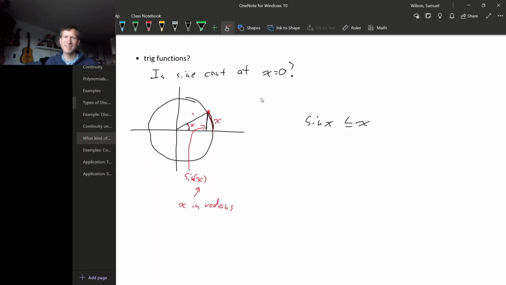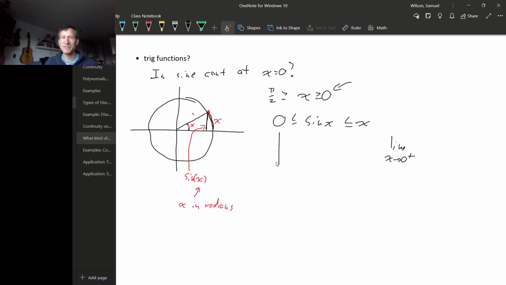Also, as long as x is greater than or equal to 0 and less than or equal to pi over 2, sine of x is going to be greater than or equal to 0. All right, well, you can see we're kind of headed for a squeeze theorem situation. If we now take the limit as x goes to 0, I guess we're taking the limit as x goes to 0 from the right because we have these x values.